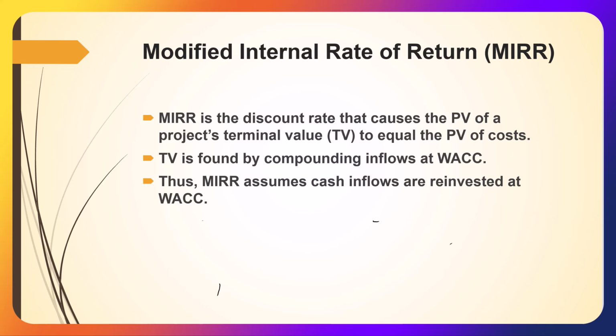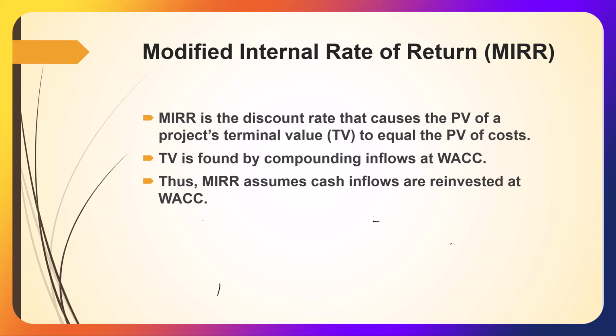Another technique is called the modified internal rate of return, MIRR. This addresses a flaw in internal rate of return by assuming reinvestment at the reinvestment rate, not the project's internal rate of return. In addition, this helps us for projects that might not have cash flows that reflect normal cash flow patterns.